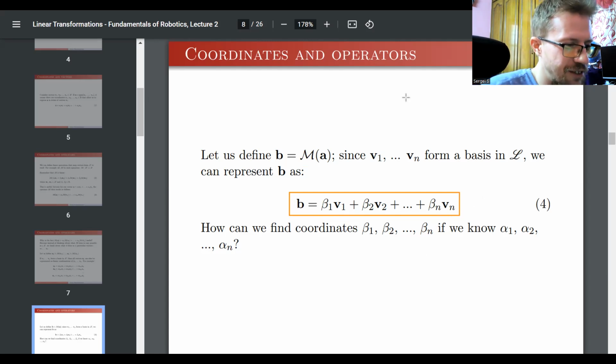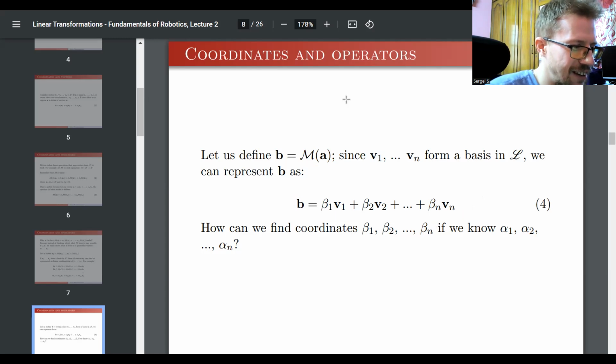So now is the question. What is the relation between beta 1 through beta n, and alpha 1 through alpha n? What is the relation between the two?